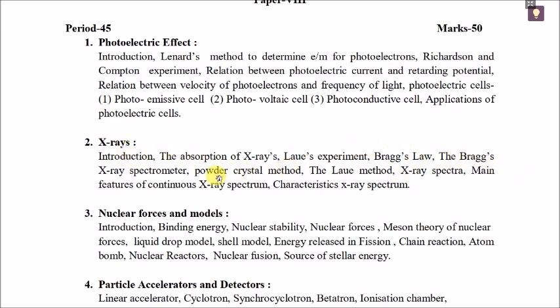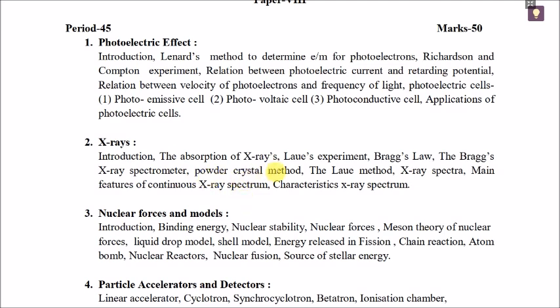The next one, Bragg's X-ray spectrometer, which is useful to study X-rays. In a normal spectrometer, we use different rays or different regions of the spectrum, like UV, ultraviolet. But this spectrometer is used only for X-rays, and is called Bragg's X-ray spectrometer.